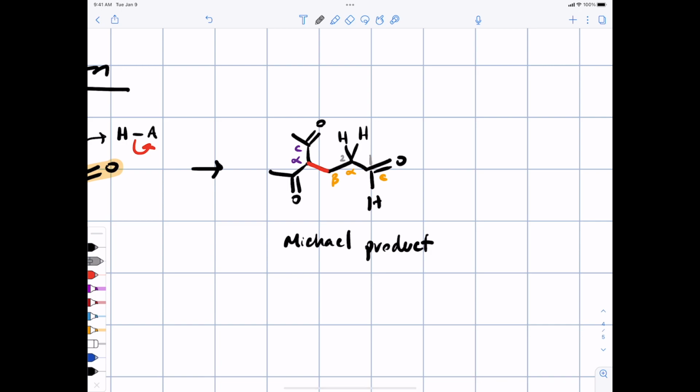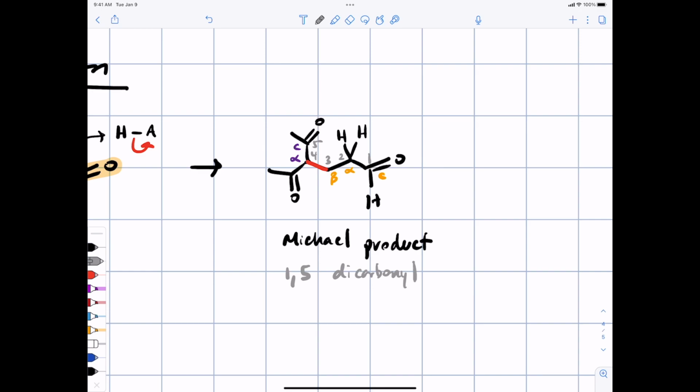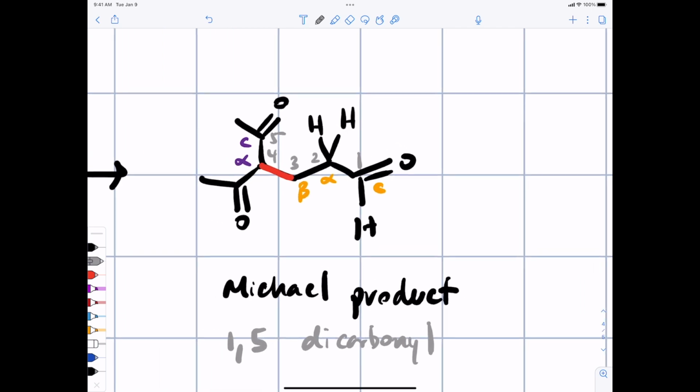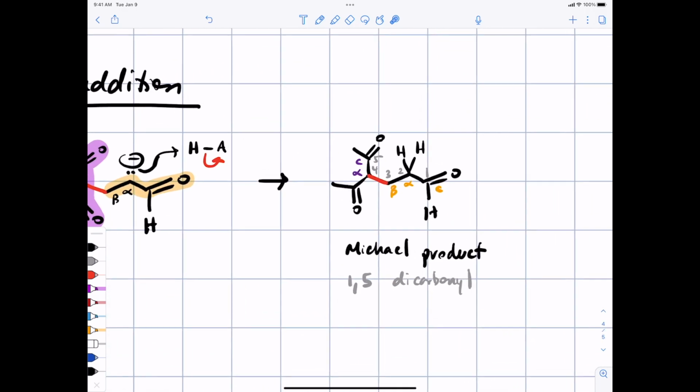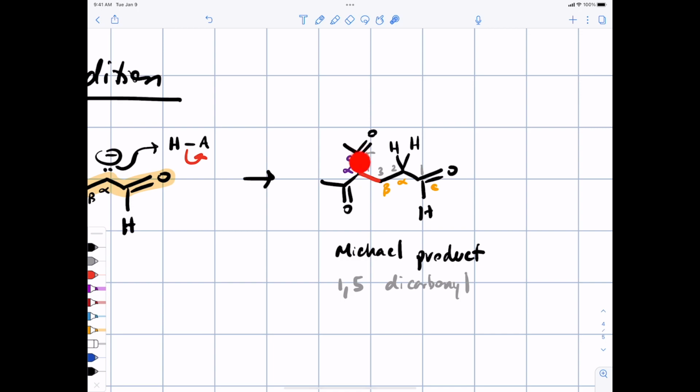One is to note that the carbonyls are now 5 atoms away from each other. So a Michael product is a 1,5 dicarbonyl compound. And then, between that and identifying the bond between the beta carbon of your electrophile and the alpha carbon of your nucleophile, and then looking for the pattern of carbonyls that are 5 atoms apart, that's about it.